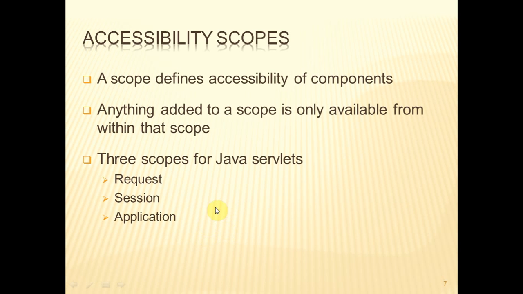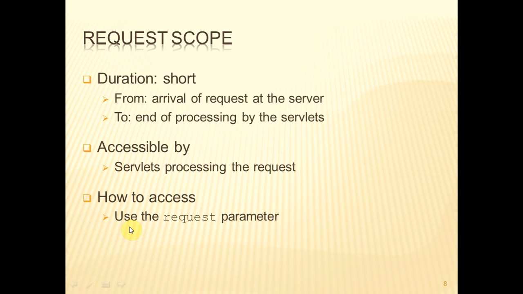Now with Java servlets, we've got three types of scope: request, session, and application. The request scope typically is of a very short duration because it starts when the request from the client arrives at the server, and it will end when the servlets have finished processing that request.